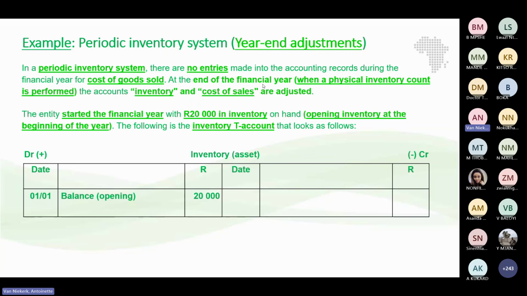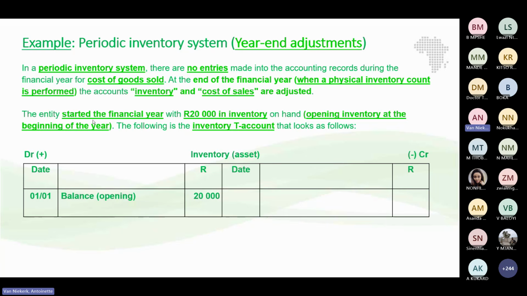At the end of the financial year, when a physical inventory count is performed, the accounts inventory and cost of sales are adjusted. As you know from the first few slides, we already mentioned that only then do you bring your inventory account and cost of sales account into your books.